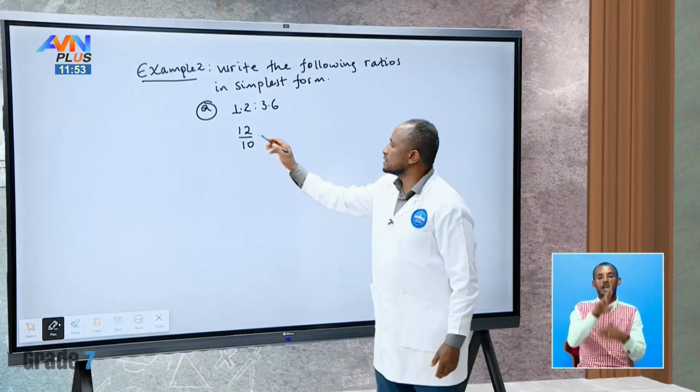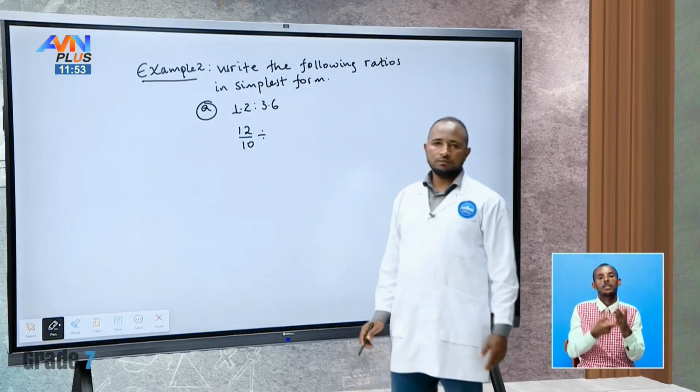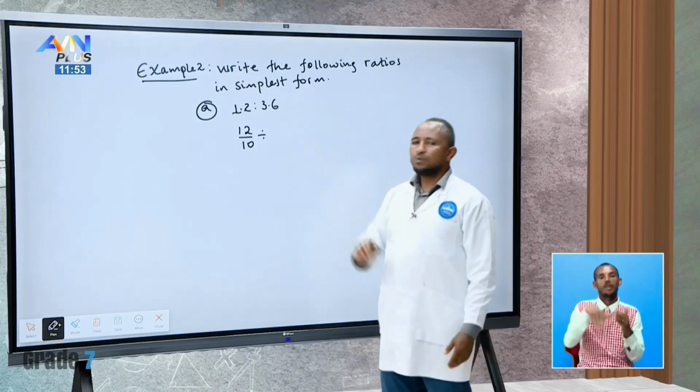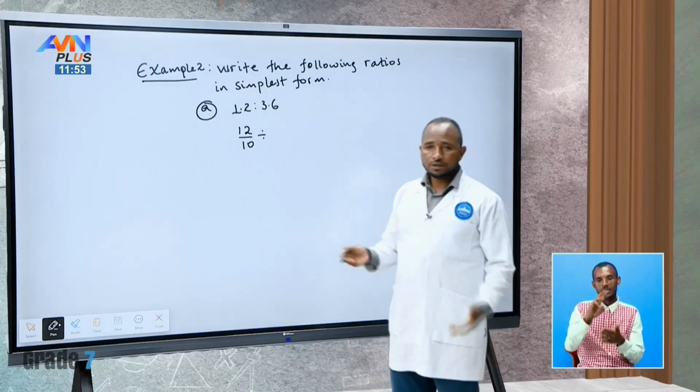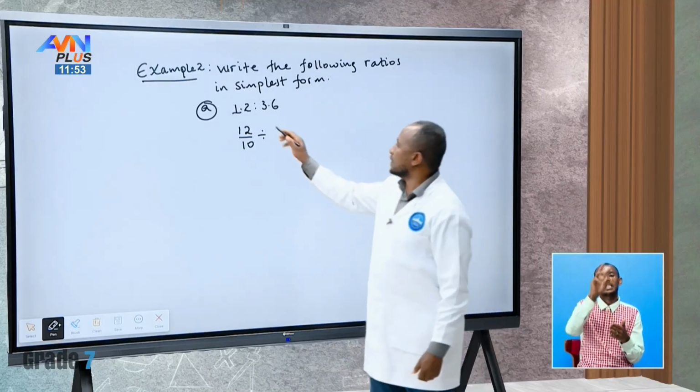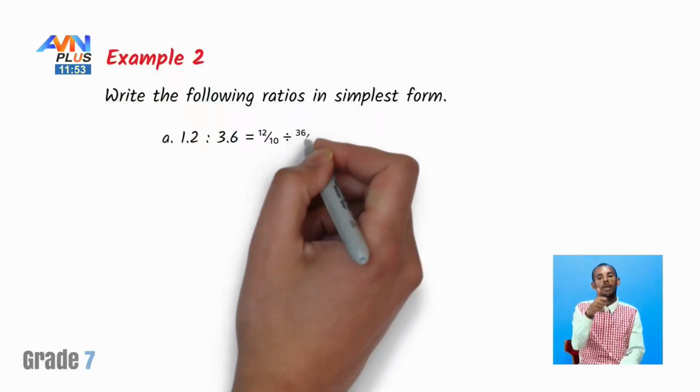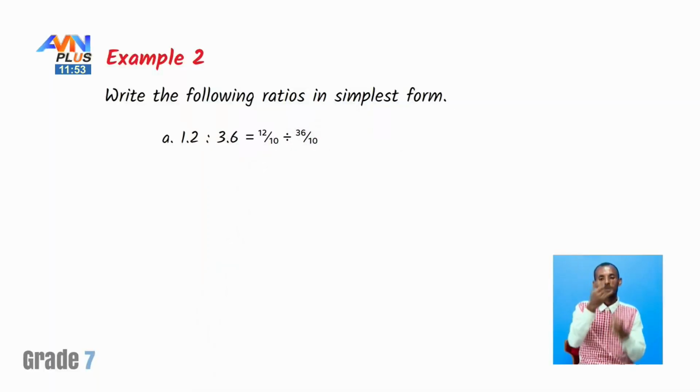Ratio means division. And then 3.6 is written as 36 over 10, in fraction form.